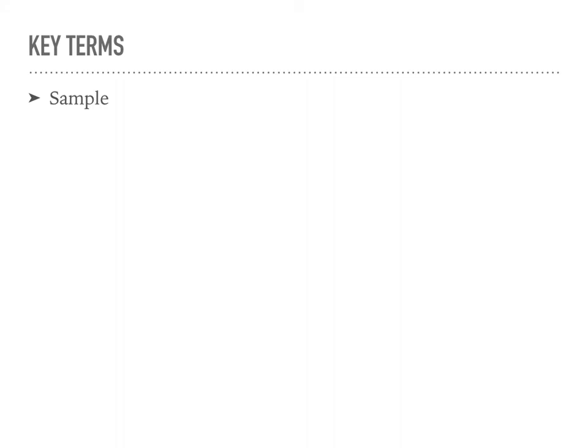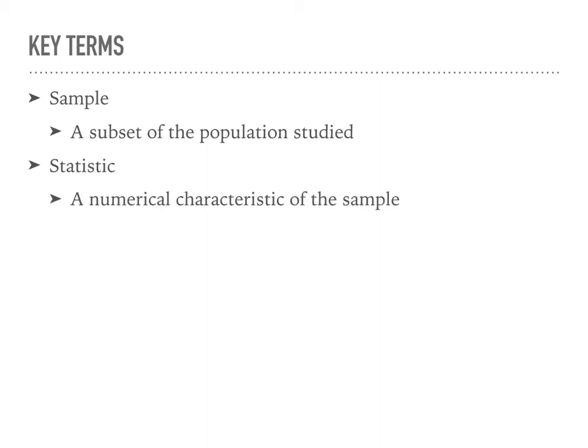Next, we see sample. Sample is defined to be a subset of the population studied. Statistic. A statistic is a numerical characteristic of a sample. Now, on our last slide, we defined population and parameter. So a sample is a subset of this population.